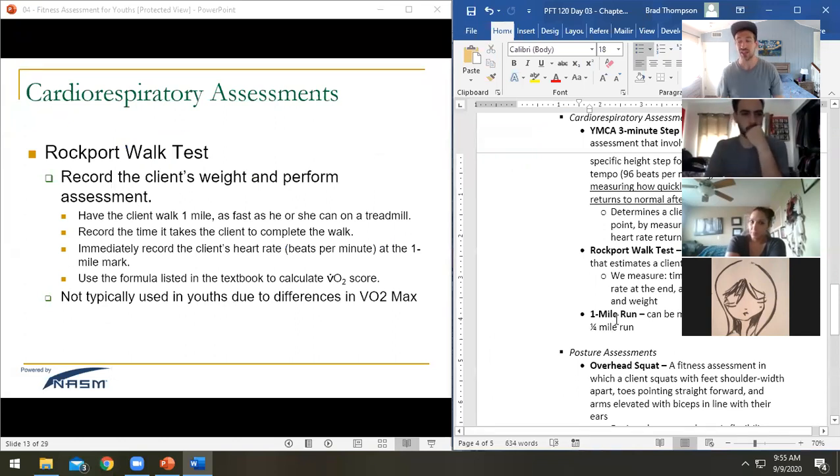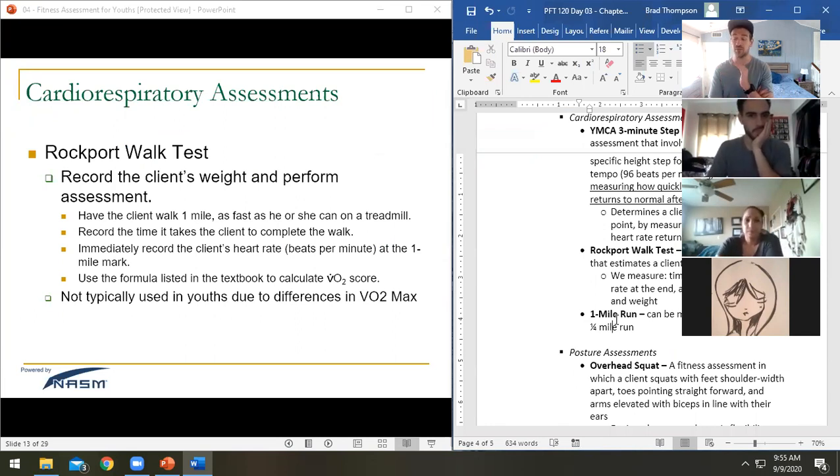Here's the problem: we can't do it with kids because youths don't produce those same cardiovascular enzymes. Remember, they are metabolic non-specialists. So they have a sort of peak VO2 max, and they can't really develop beyond that until they get older. Because of that, it's very difficult to measure. This is another one of the tests we are not going to use on our youths.